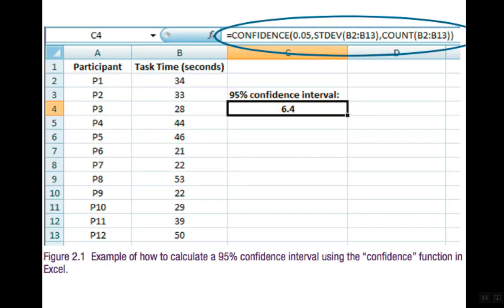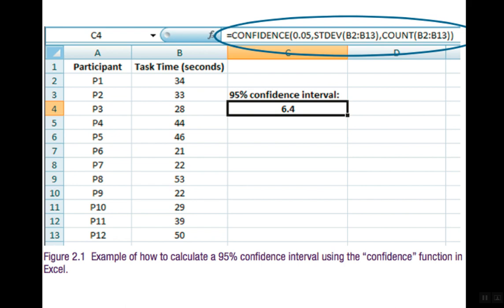Here we see an Excel spreadsheet screen, and you'll see at top in the ellipse the statement for the confidence interval function, and it has 3 arguments or parameters. You have the 0.05 showing that this is a 95% confidence interval because you're only 5% uncertain about the true mean not being inside the interval.